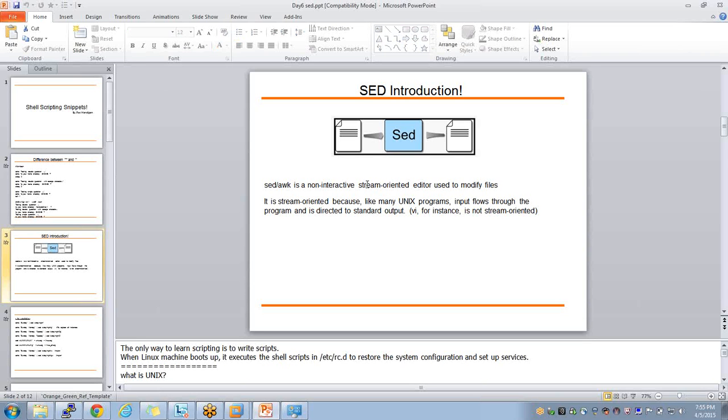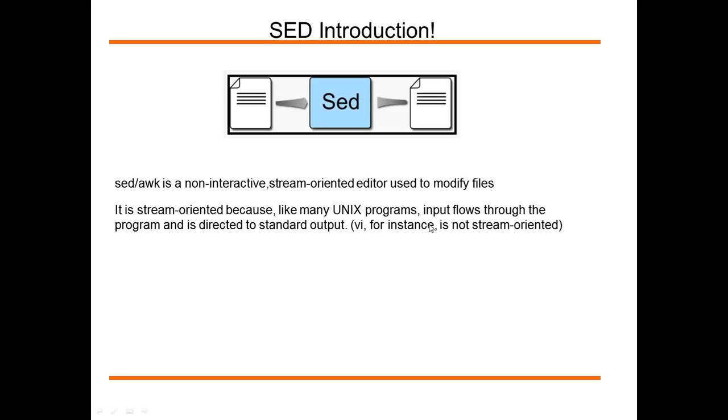So that means you apply all the rules ahead, and whatever input comes in, the rules will be applied and you'll get the output, like string substitution. This is non-interactive but stream oriented.